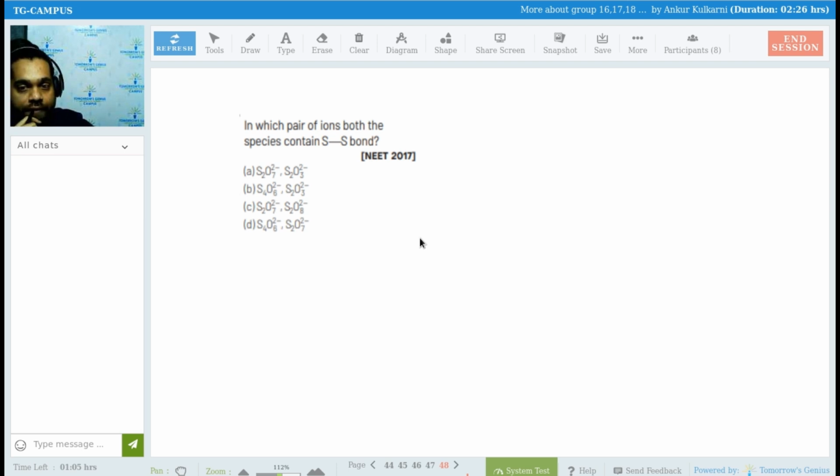In which of the structures do we have an S-S bond?